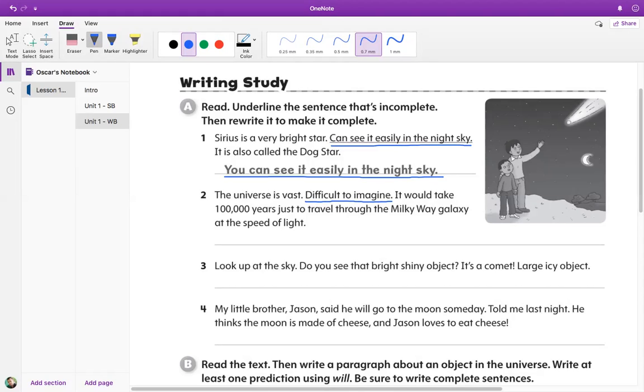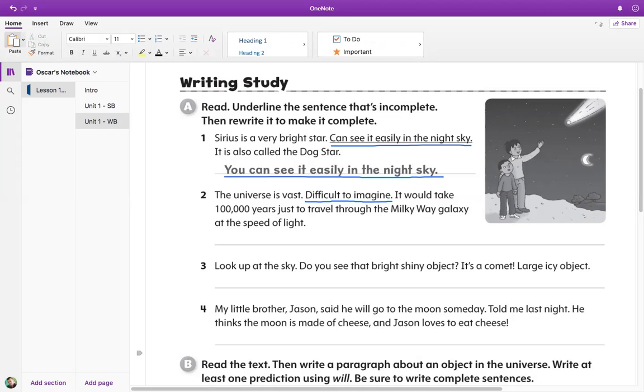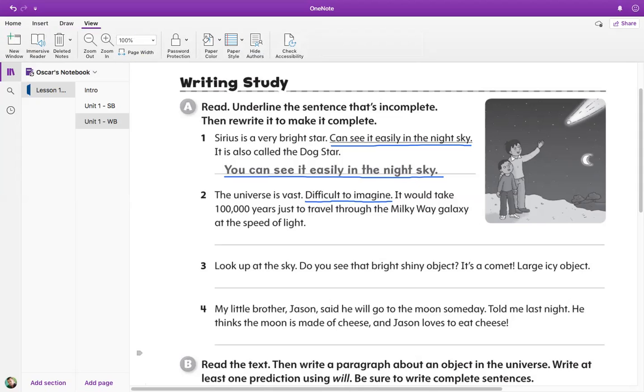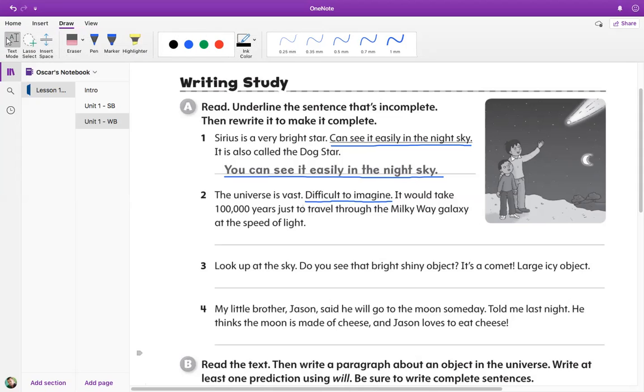"It will take 100,000 years just to travel through the Milky Way galaxy at the speed of light." This is complete. So we are going now to make our incomplete sentence a complete sentence. So we are going to rewrite it now.